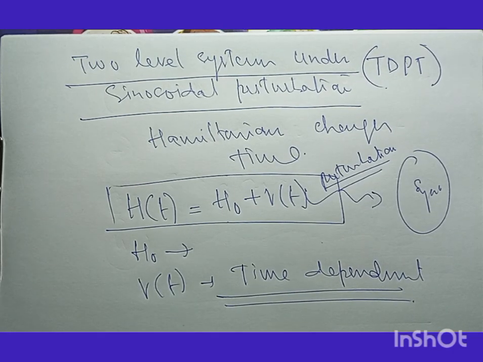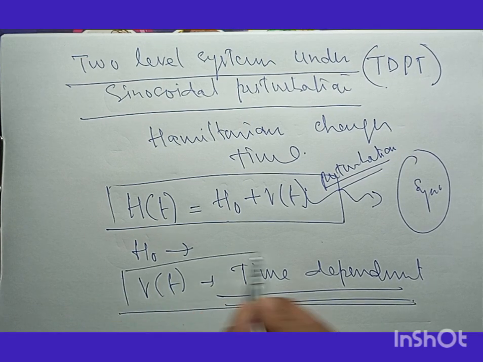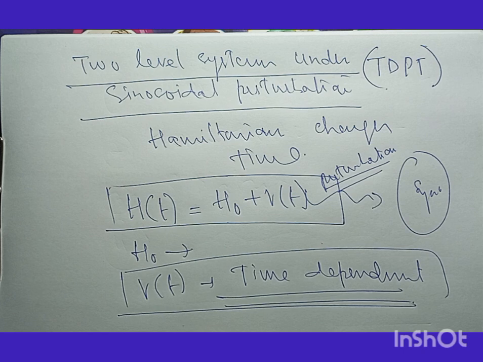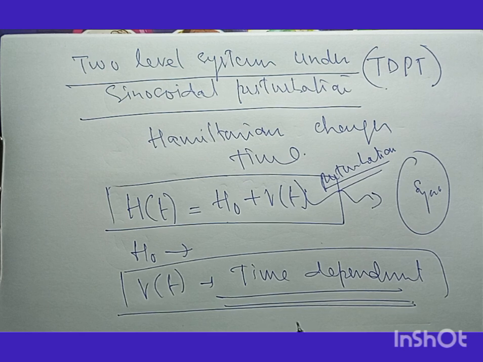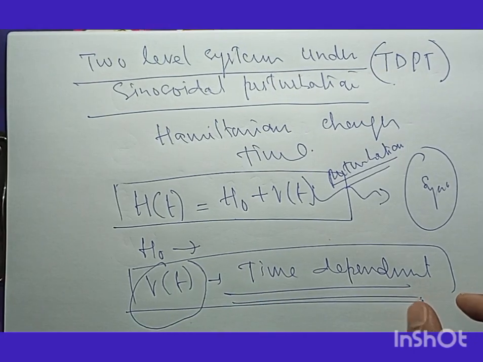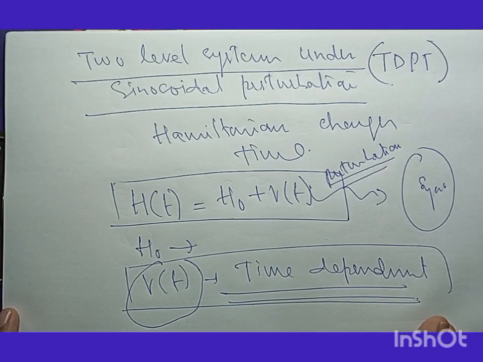So using time-dependent perturbation theory, we can calculate this V of t and yield the transitions between the different quantum states due to V of t. This was a review of the perturbation itself.